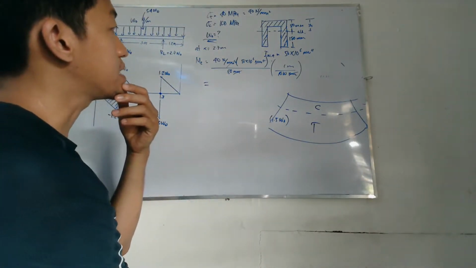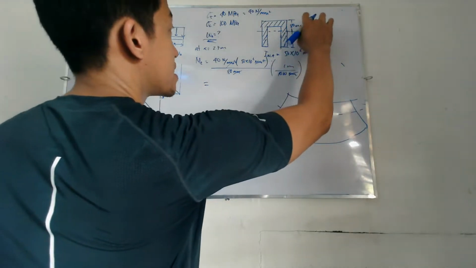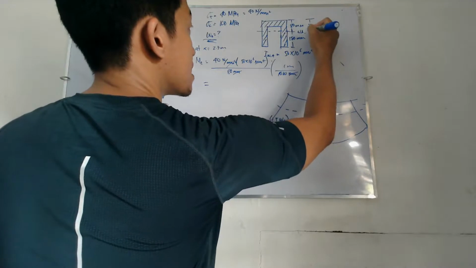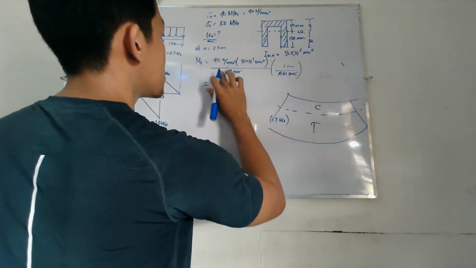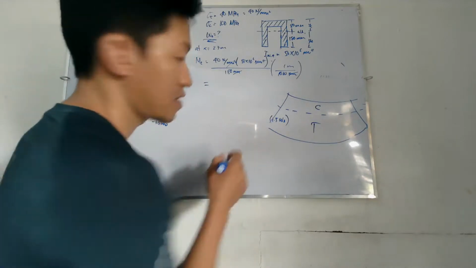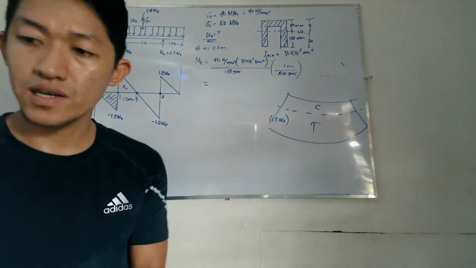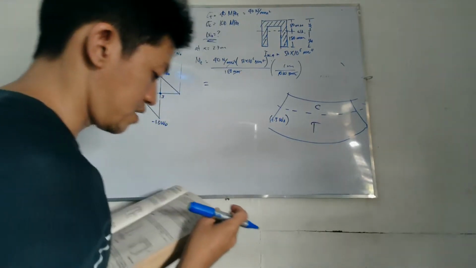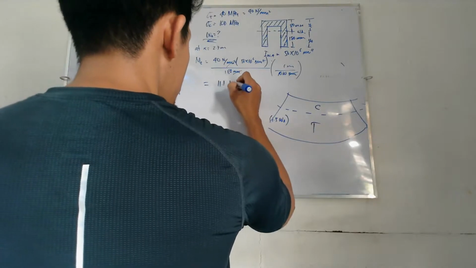So, kani ang ubos ang tension 0.18 or 180 mm. Mali. Okay, so therefore, answer ani would be 11.1 kilonewton meter.